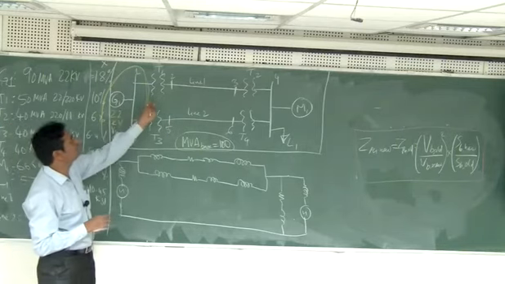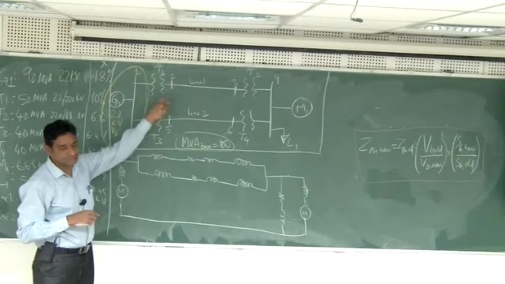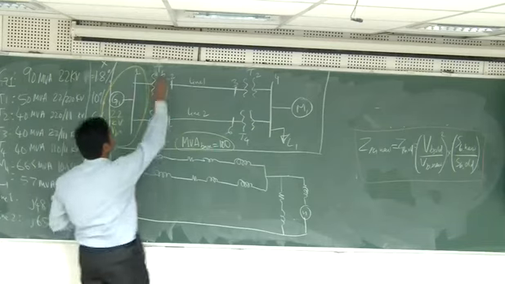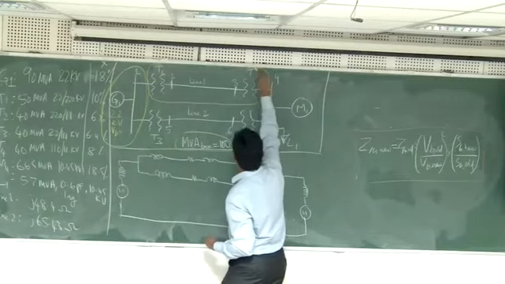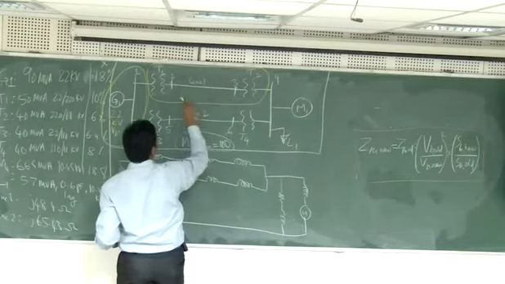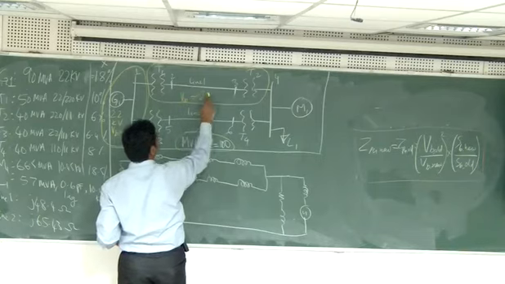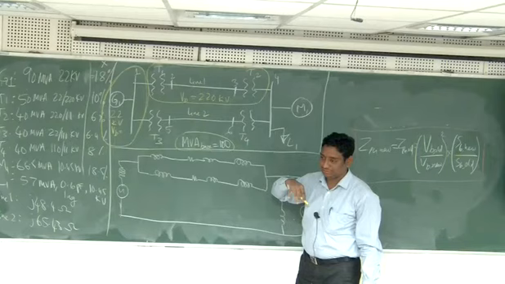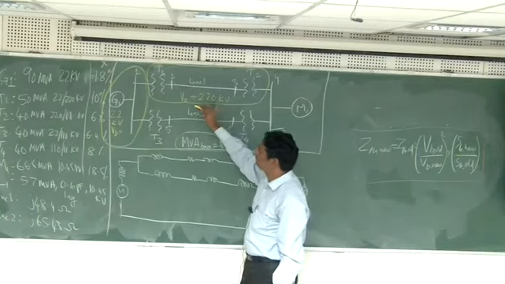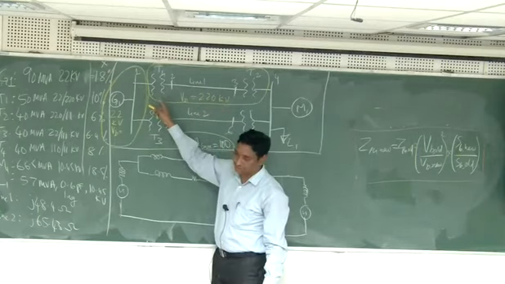I will also include transformer T1 in that region, and even T2. For this entire region I will take V base as 220 kV. I cannot choose this as I wish; it is entirely determined by the turns ratio.